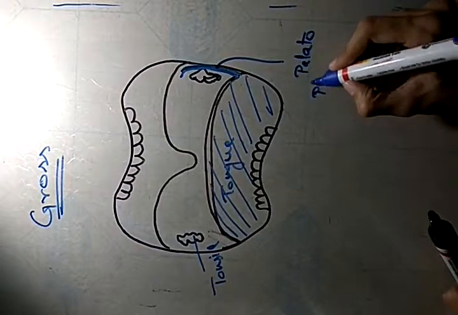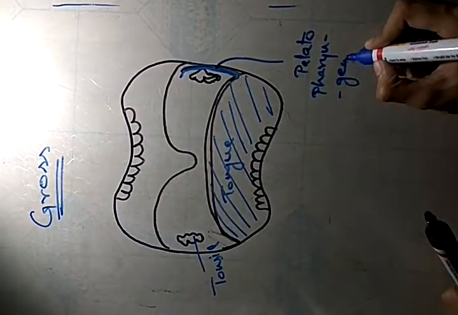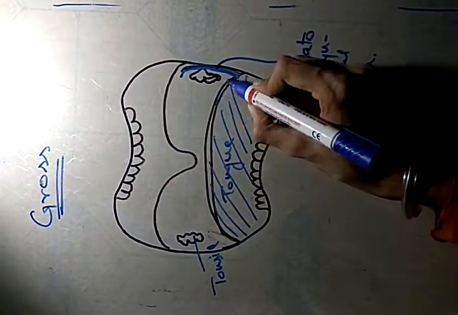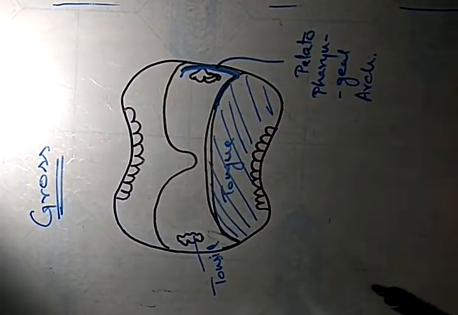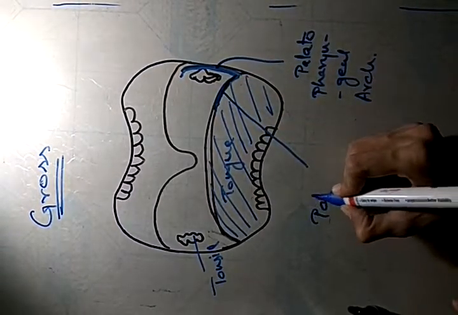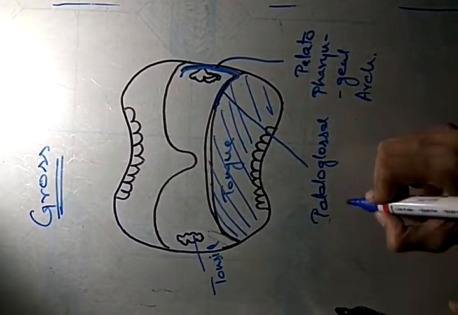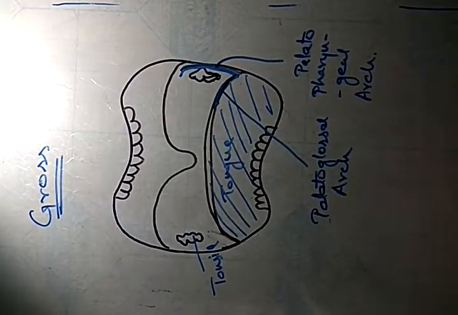Palatopharyngeal arch. Okay, and this is our palatoglossal arch. Okay, so these are the four main things that are to be shown in this diagram.